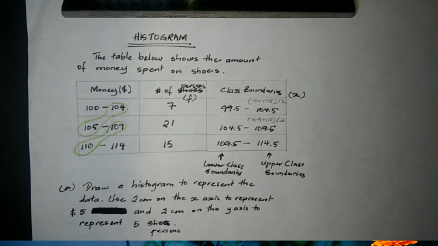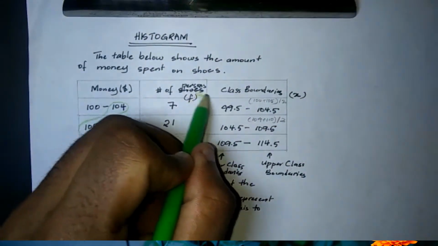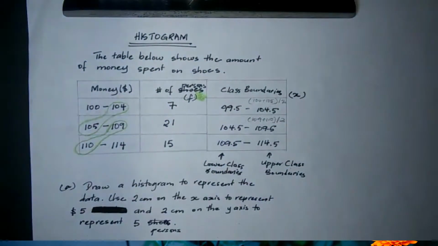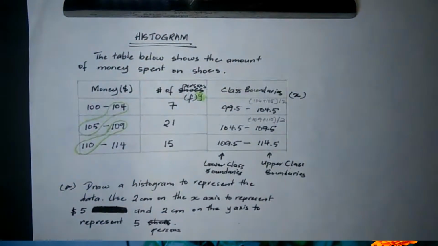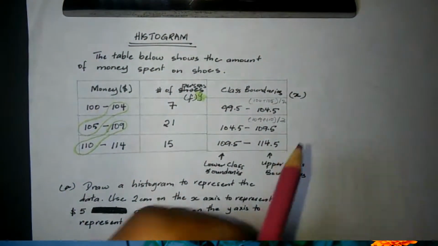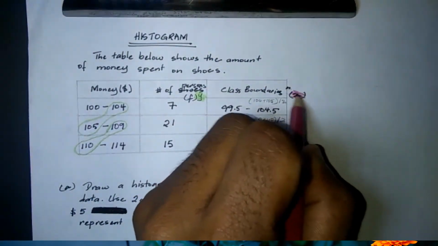Before I get ready with my graph paper, I want to make sure that I know my X values and my Y values. So my Y values, which are my frequency, is right in this column, and my X values, which are my class boundaries, are right here.